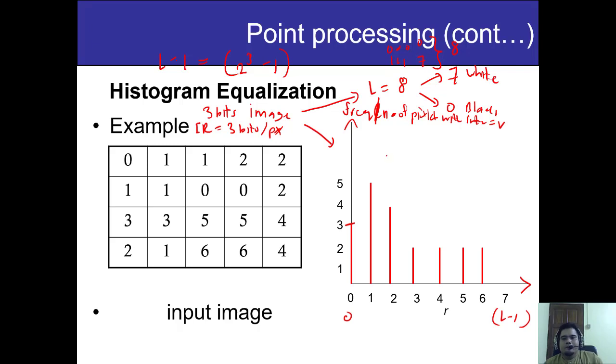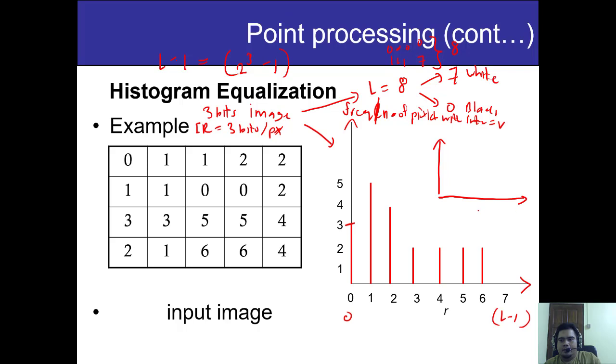So if you talk about the PDF, why is the PDF related to the histogram? Because for the PDF you can have something like this as well.